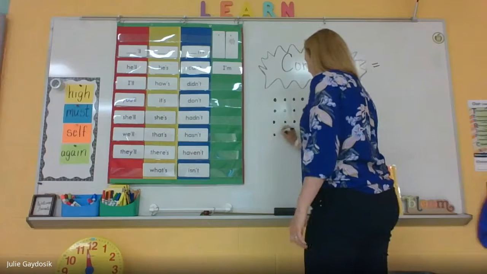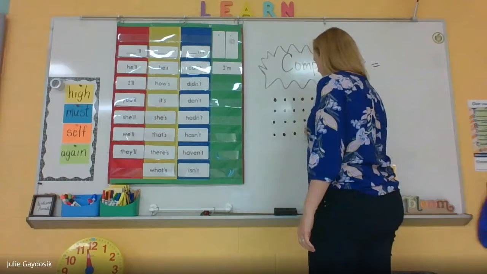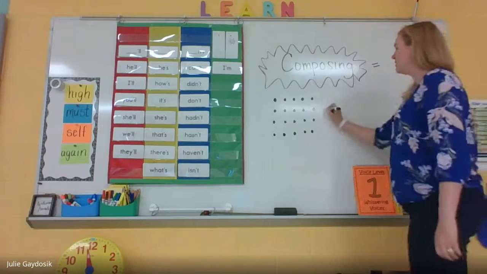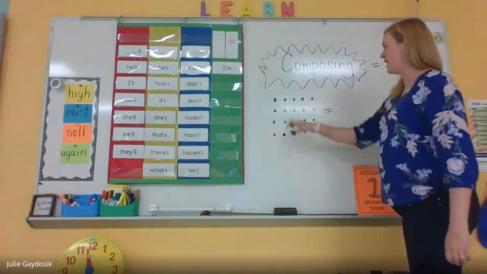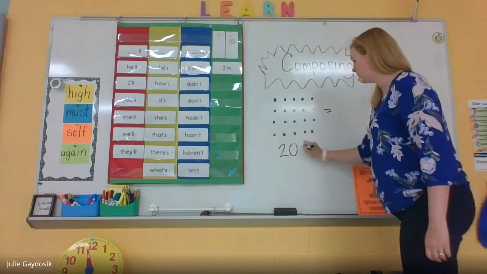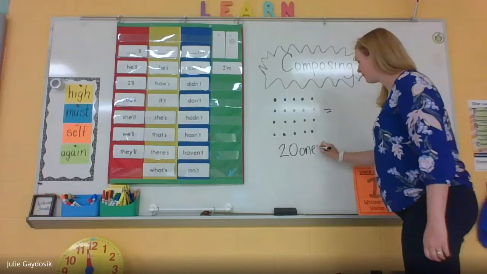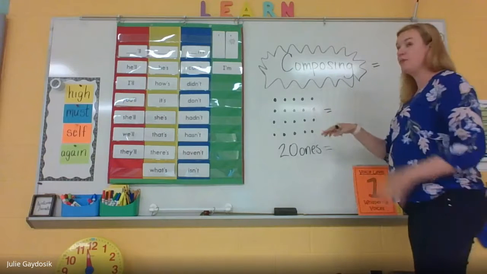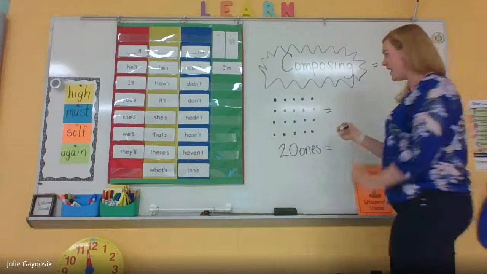Okay, but I don't want to draw this many ones. It's so much easier to make them into tens. So these are my ones, and I have 5, 10, 15, 20 ones. But I could take a group of 10 and make it into 1 ten.